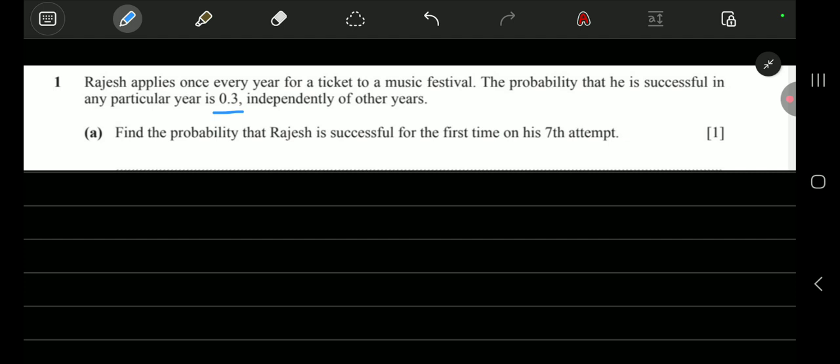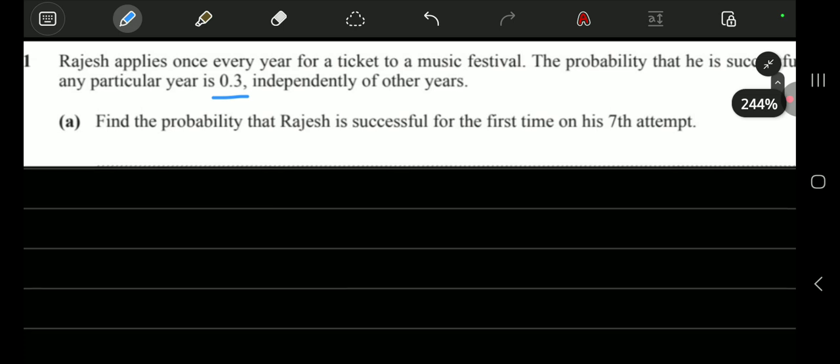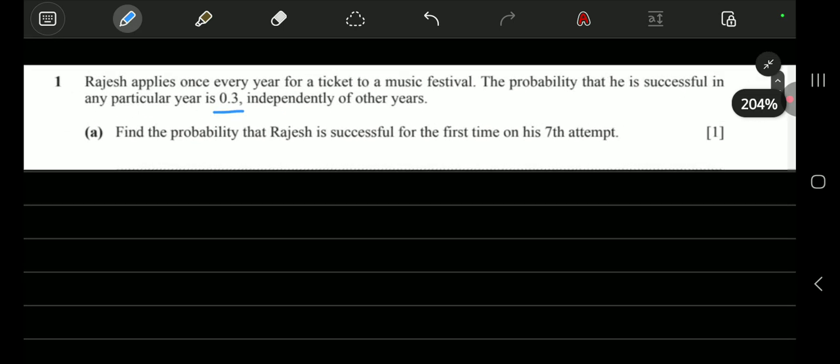Okay, so in this particular question, what is your success? Success is that he got the ticket. Then this success probability is denoted by P, and that is 0.3.